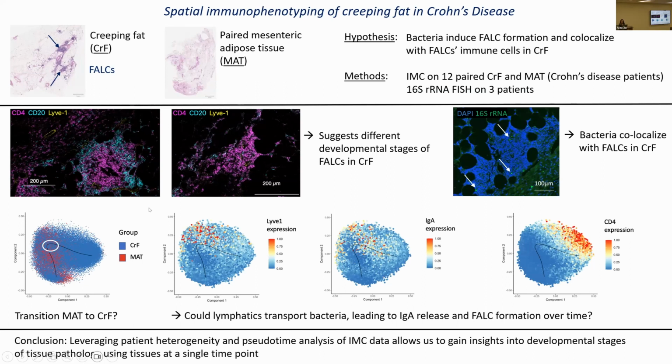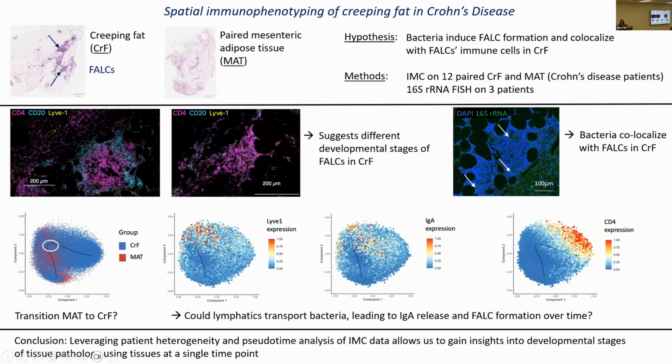And so we also did a pseudotime analysis, which here showed that the MAT samples cluster on the left of the trajectory. We have a creeping fat cluster at the very end of this trajectory here. And over here, interestingly, we could have a potential transition of the samples going from MAT to creeping fat. And so then looking at what markers were expressed in this transition, we saw a hepatic marker as well as IgA.